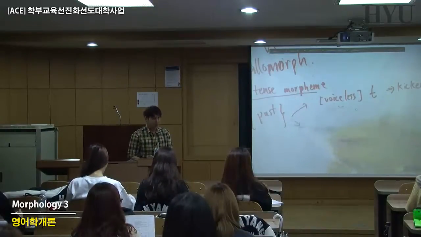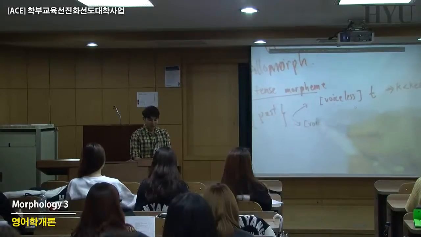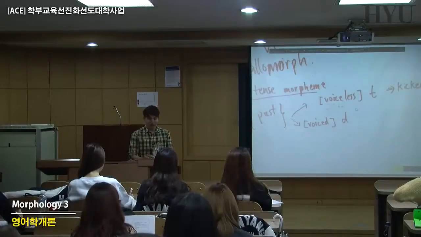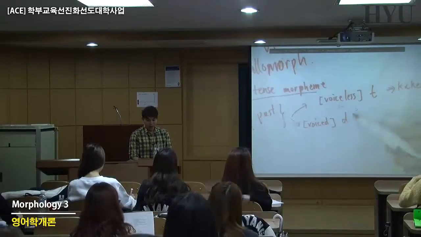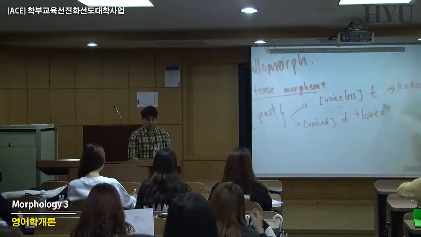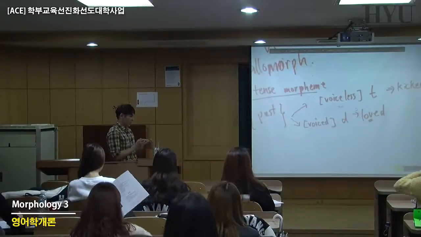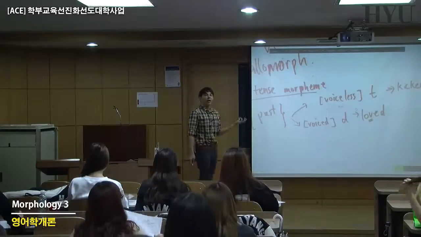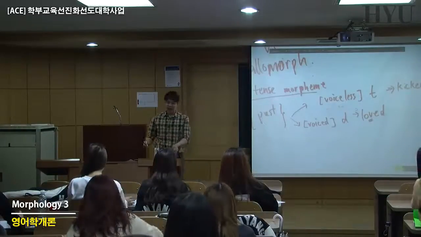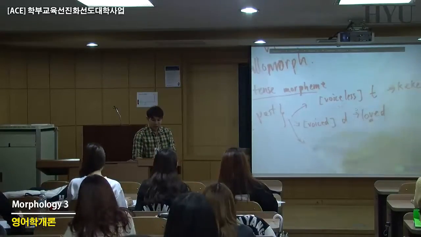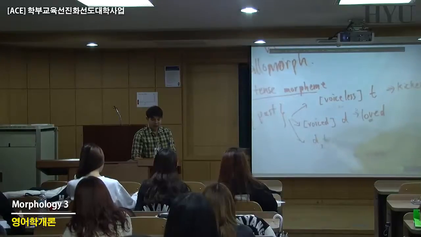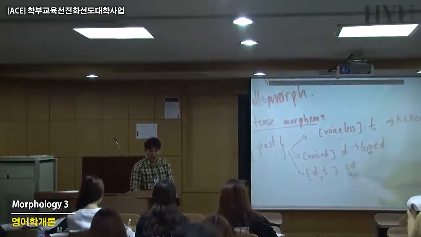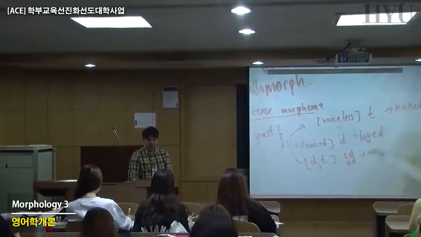And it becomes a voiced sound, which is a d, after a voiced sound, okay? As in loved, because v is a voiced sound. And finally, if it's after a D or a T, you could add id or ud, as in wanted.